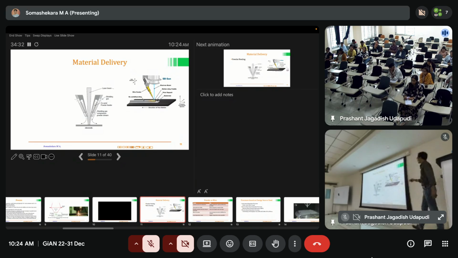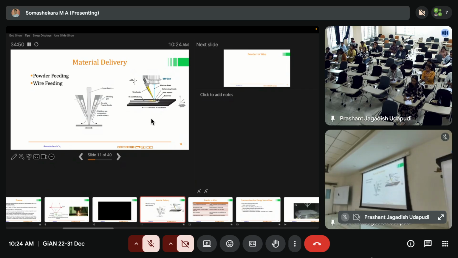This is another DED process, like where we have the lasers. I think we have talked about it. This is the electron beam based, where the electron beam is used for fusing. Similarly, we also have other techniques, which is wire feed, which is wire arc, and then we also have the DED.